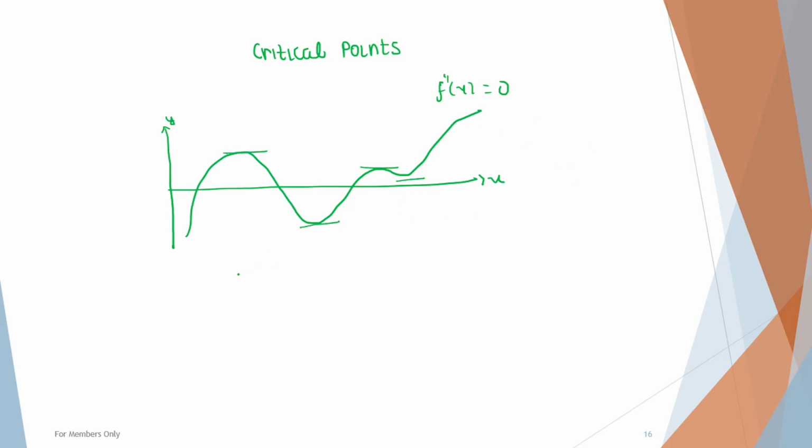So how can we find the local maxima or minima, okay. So first we will find the first derivative and equate it to 0. Now there will be many values for which f dash of x will be equal to 0. In this case there are 4 points. So let us suppose this is 1, 2, 3, 4.